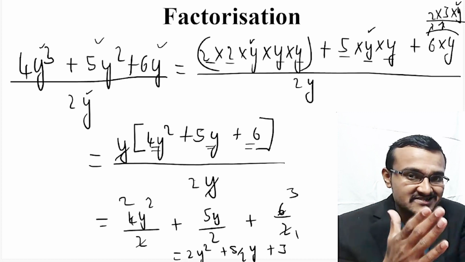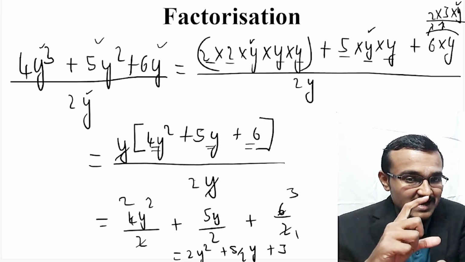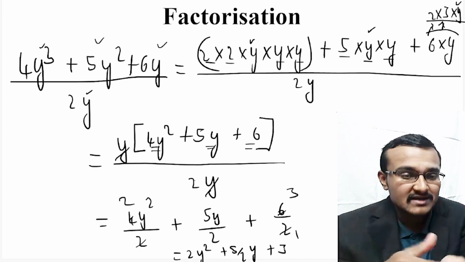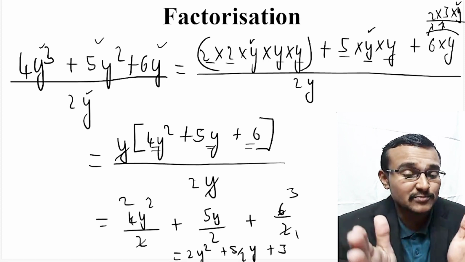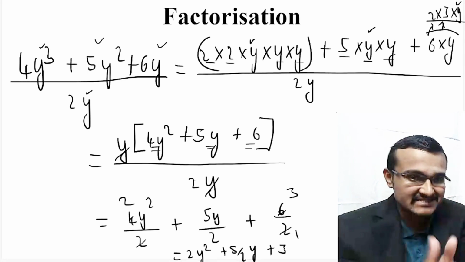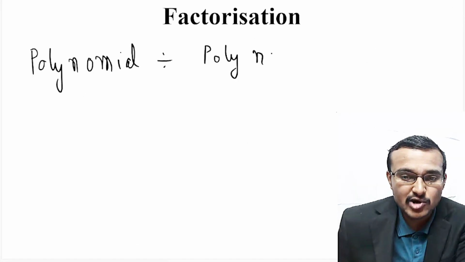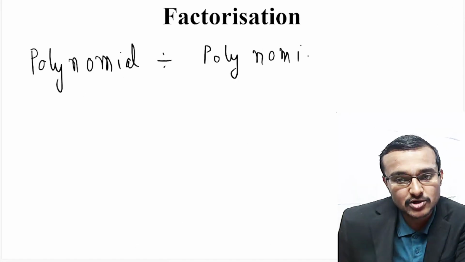Then you should see whether those common terms are getting cancelled or not. Then only you can perform that division, or else you should just keep that polynomial divided by polynomial as it is. I'll solve an example for polynomial divided by a polynomial.